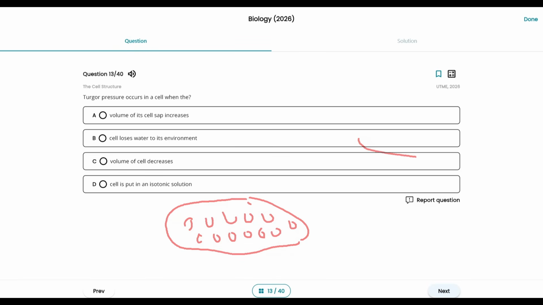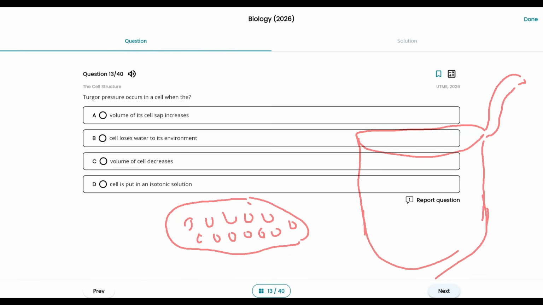This is water. I'm just trying to draw a cell and then water. This is the surrounding of the cell. Let me make it thicker. So these are the cell.